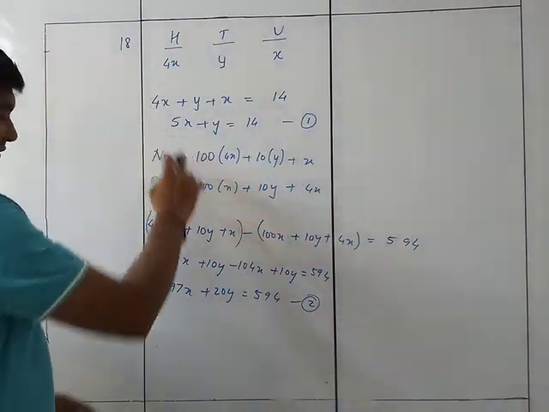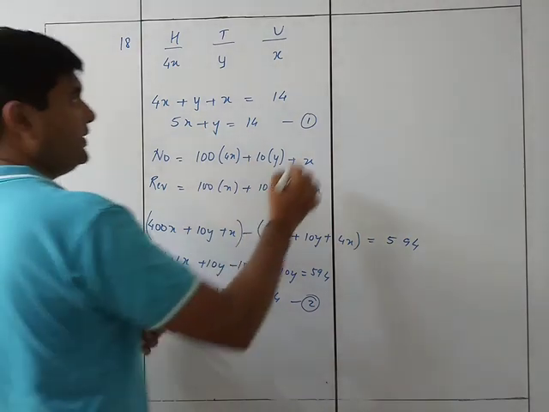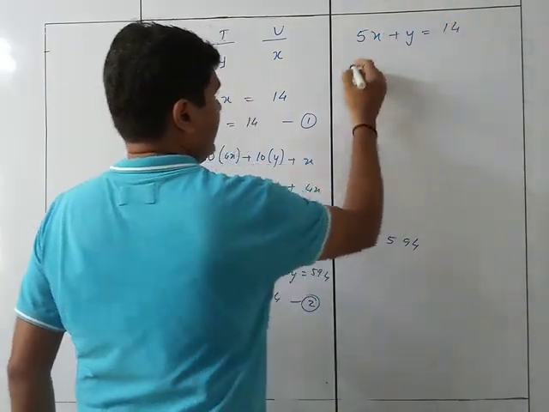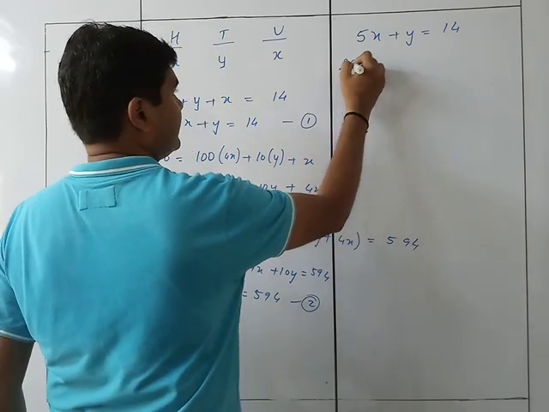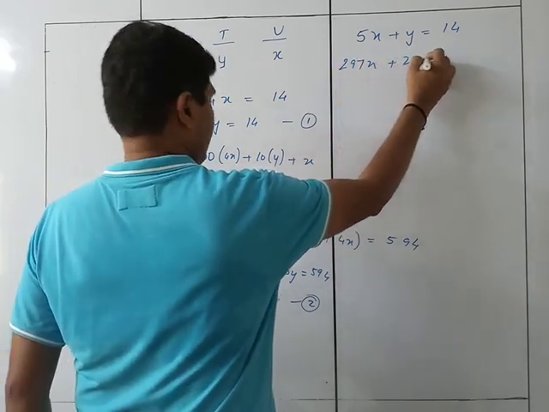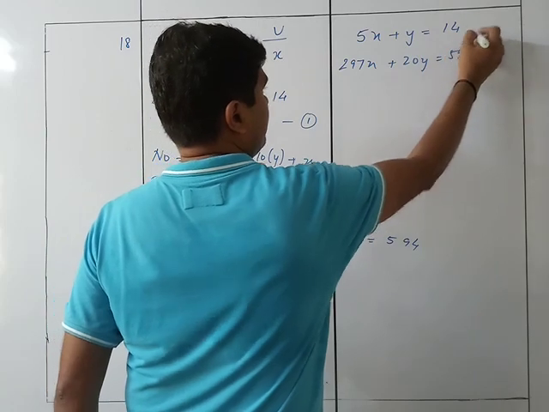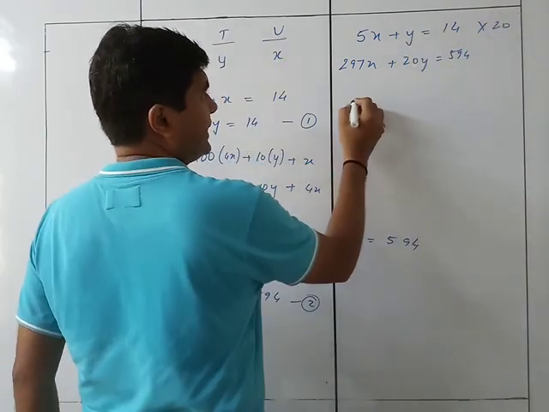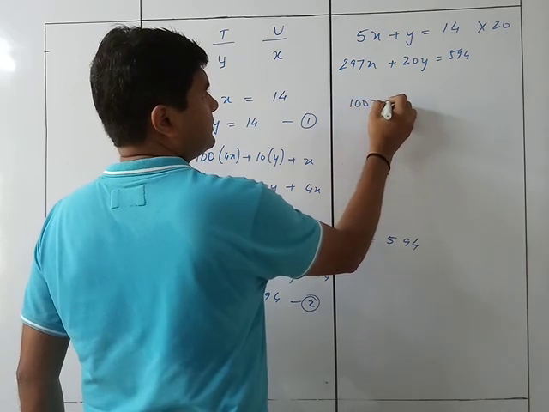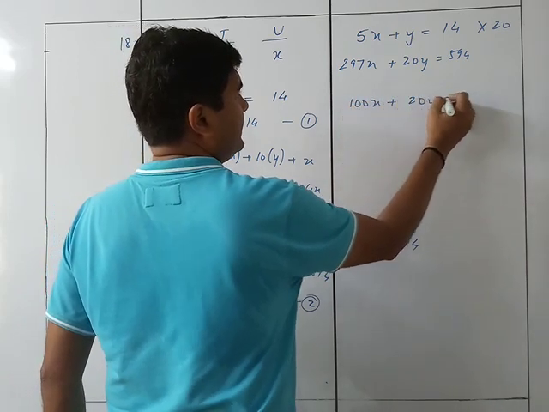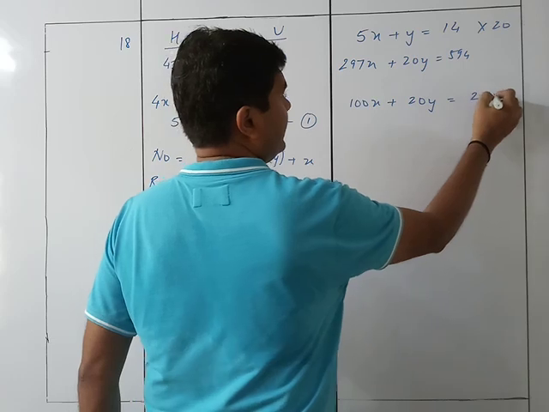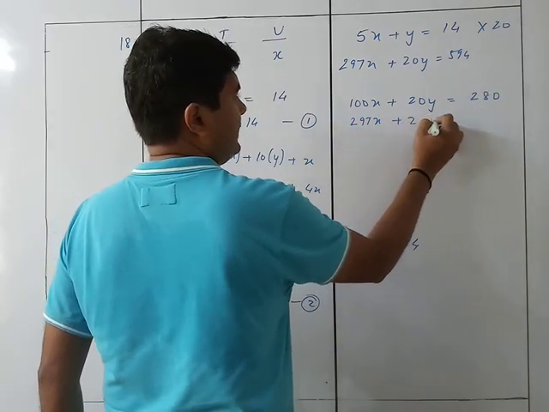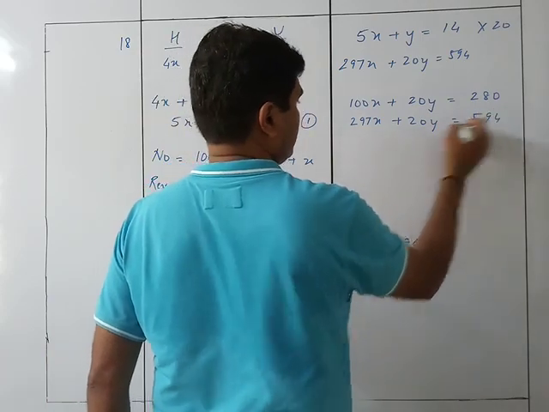So this was the first equation, this is the second equation. We had the first equation as 5x plus y is equal to 14, and the other equation is 297x plus 20y is equal to 594. You multiply this by 20 so that you can eliminate y. So this becomes 100x plus 20y is equal to 280, and 297x plus 20y is equal to 594.